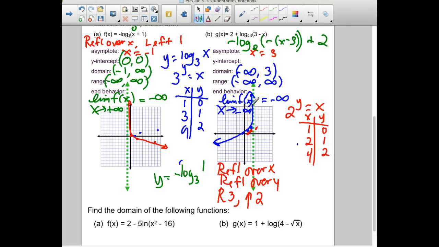If we put a 0 in for x, inside all this parentheses stuff turns into what? Just a 3. So we have y equals negative log base 2 of 3 plus 2. So grab your calculators. If you have the newer calculator, you should be able to just tell it to use a base of 2. If you don't, think of that change of base and just do log 3 divided by log 2.